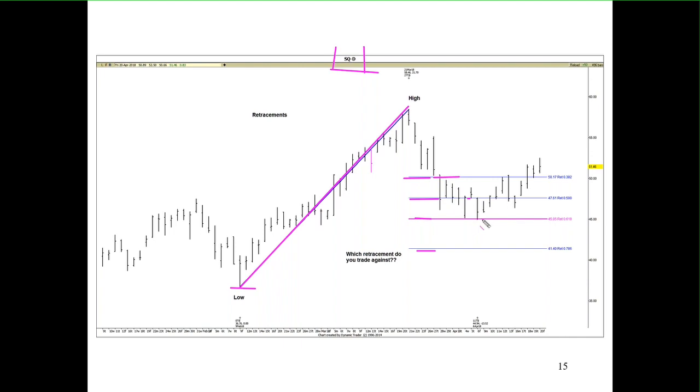I rarely use single levels unless it is something of a major swing, but typically that's why I'm looking for the confluence of other price relationships to tell me where we might actually put in a low. So in this case, nothing at the 38.2, nothing at the 50%, but at 61.8 we ended up putting in the low and then did start to see the resumption of the rally.